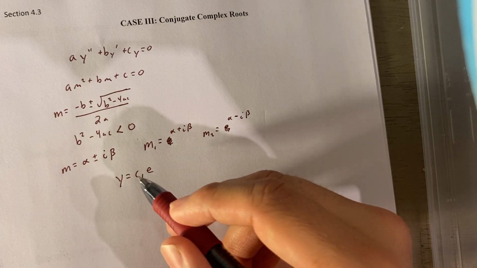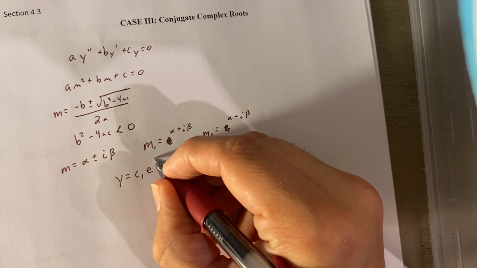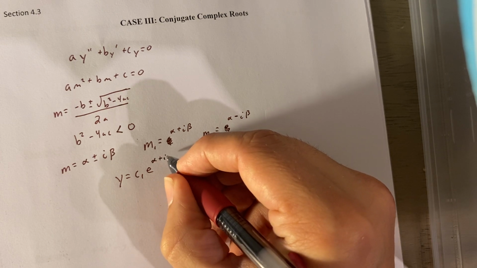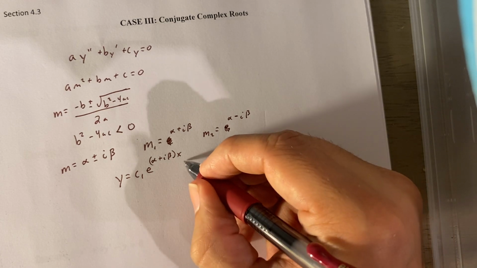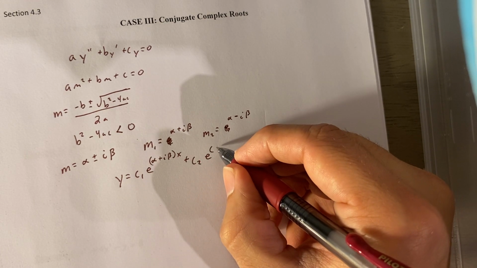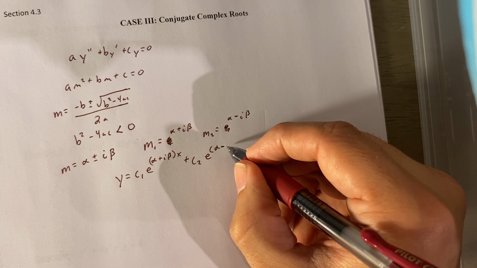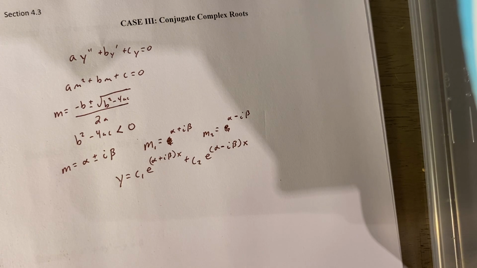So we have y equals c sub 1 e to the m sub 1, which is going to be alpha plus i beta times x, plus c sub 2 e to the m sub 2, which is alpha minus i beta times x.